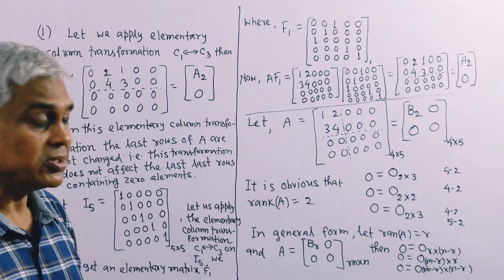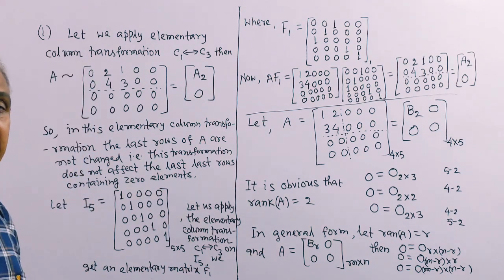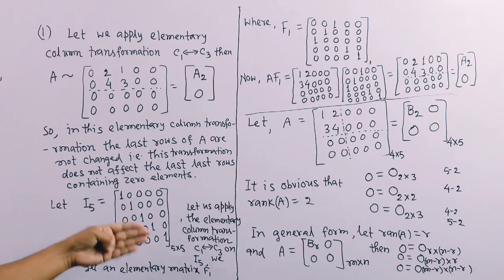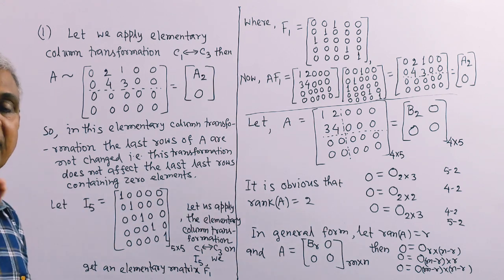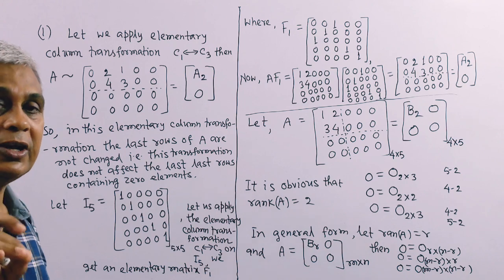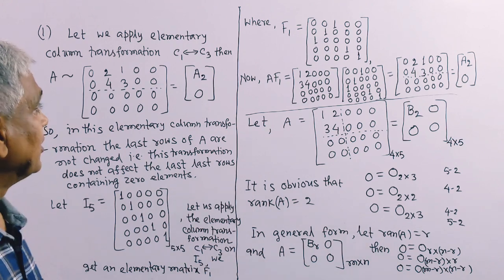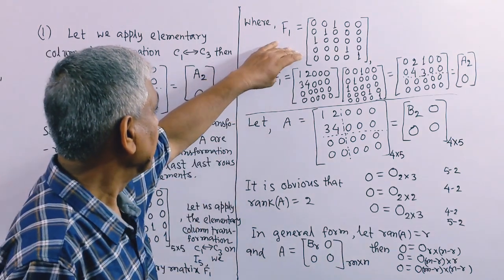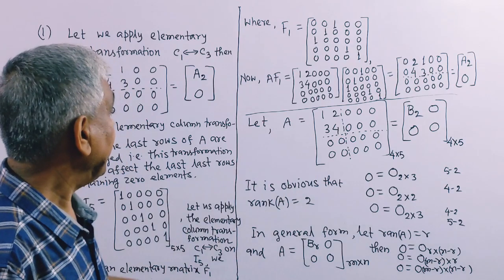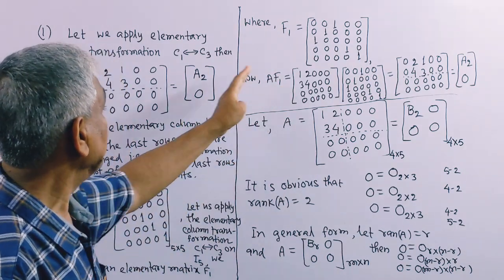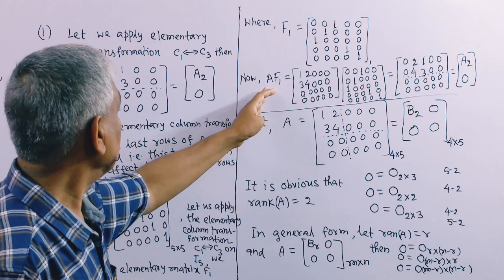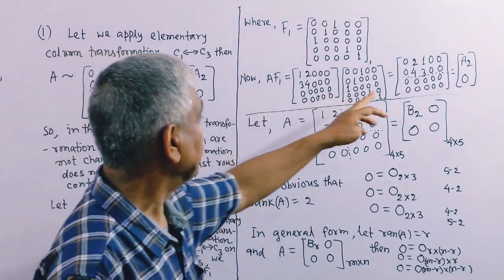Elementary matrix means when we apply a single elementary transformation on the unit matrix, then it is called an elementary matrix. This is an elementary matrix. So we have post multiplied this corresponding elementary matrix with A, and we get the same result.